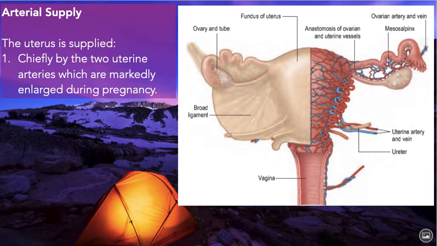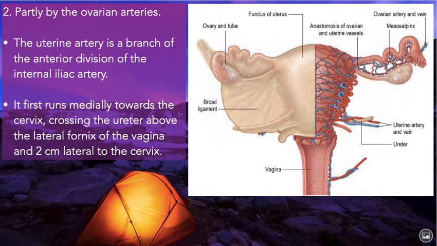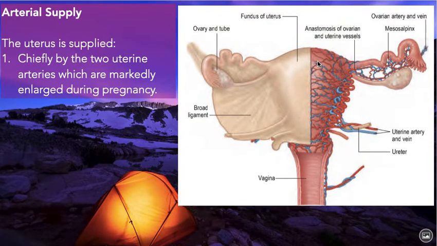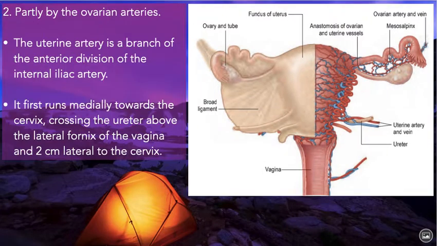Now, the arterial supply of the uterus. It is chiefly supplied by two uterine arteries, which are markedly enlarged during pregnancy, and partly by the ovarian artery.